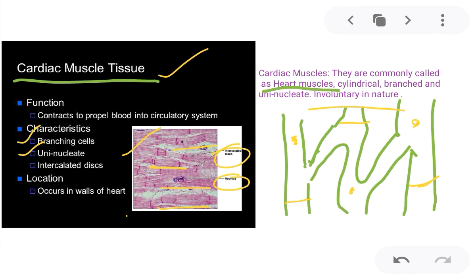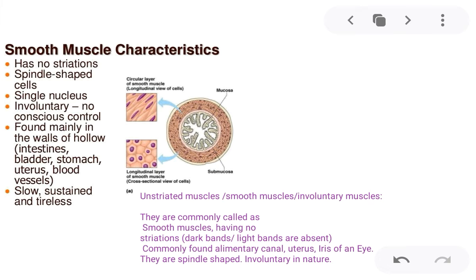And what is the third type of muscle tissue? It's nothing but the smooth muscle tissue. The best example of smooth muscle tissue is the movement of food in the alimentary canal, or the contraction and relaxation of blood vessels, which are involuntary movements, right? Food movement in the alimentary canal means when food is passing through your gut, that is involuntary.